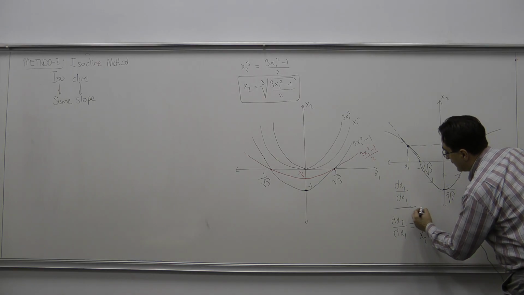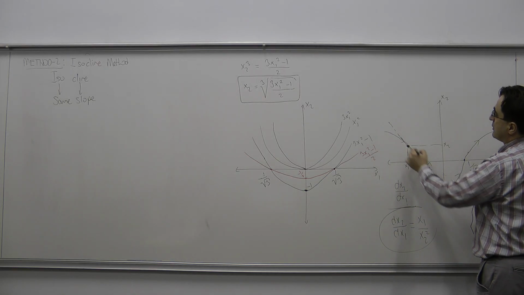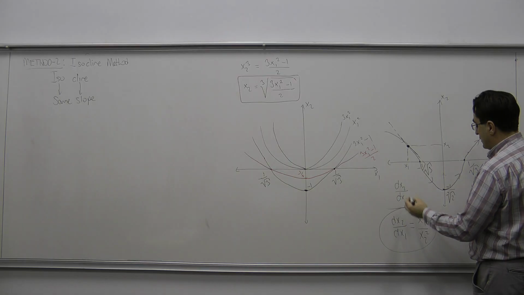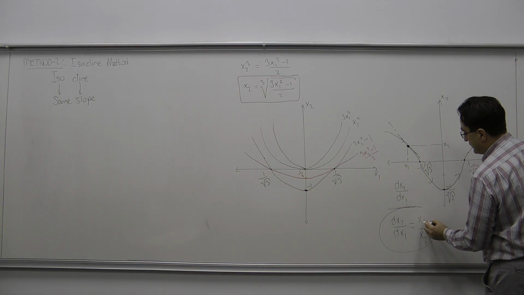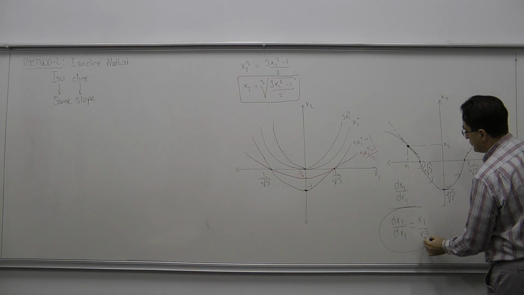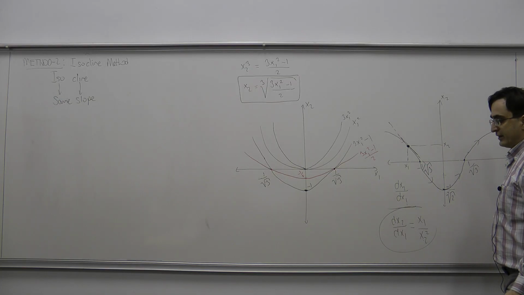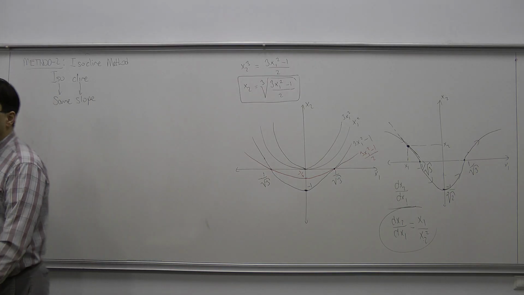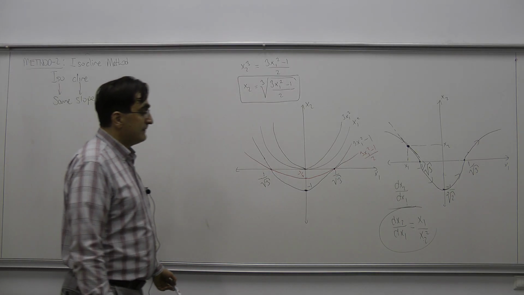And as a result, in order to calculate the slope of this trajectory at this point, I can substitute this x1 value and this x2 value, and that is going to give me the slope of the trajectory there.